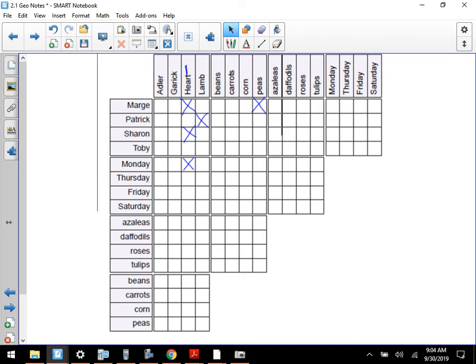So whoever does break ground on Thursday, and we'll have to come back to this, is whoever does corn and daffodils. So we know that somehow, whoever gets corn and daffodils, these two are together, and that also has to go with Thursday.